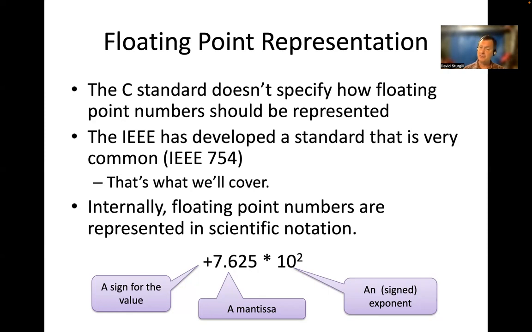And it specifies that floating point numbers are going to be represented internally in scientific notation. You remember scientific notation. That's a way of writing down a number like I've done at the bottom of this slide. Every value has a sign. It's either positive or negative. Every value has a mantissa, representing sort of the precision of the value. And every value has an exponent representing sort of the magnitude, the size of the value.